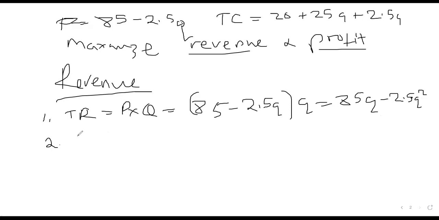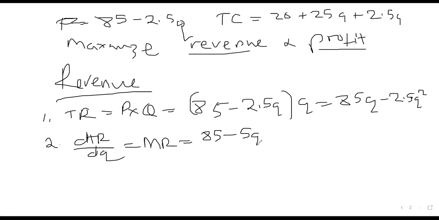We need to differentiate. So dTR over dQ. This will be called our marginal revenue. What do we get when we differentiate? 85, so that would be 2.5 times 2Q. That's a 5Q, yes.